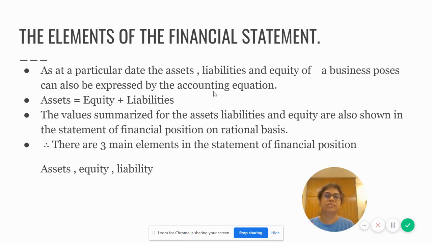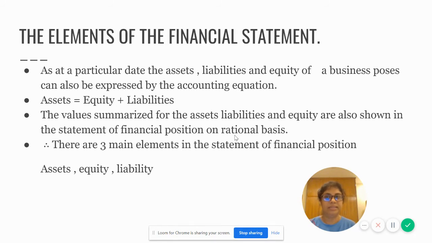Actually, it shows, as mentioned above, at a particular date or particular time, the assets, liabilities, and equity of a business through an accounting equation. The ownership of assets, equity, and liabilities of a business will be shown in an accounting equation. The values summarized for the assets, liabilities, and equity are also shown in the statement of financial position on a rational basis.